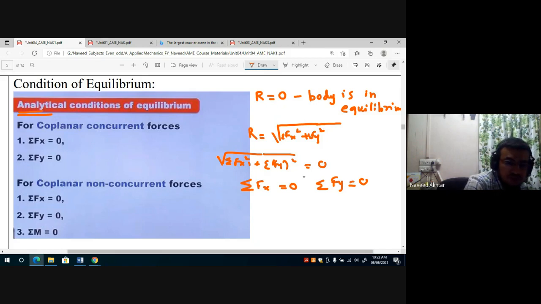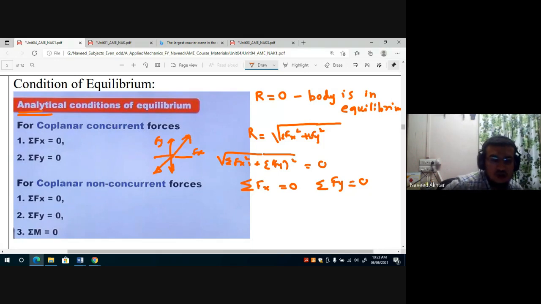A concurrent force system means the forces meeting at one point.